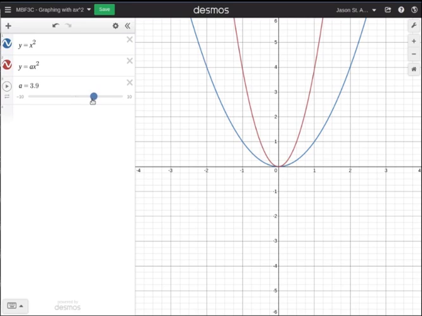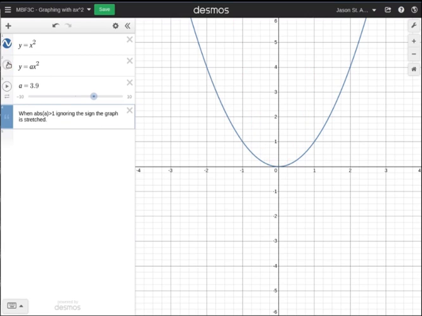Basically, what happens is our graph gets skinnier, all right? And because it gets skinnier, we call it stretched. So essentially, when we take a look at our graph, if we just ignore the sign, the graph gets stretched, gets pulled taut, gets smaller than the original base graph of y is equal to x squared.